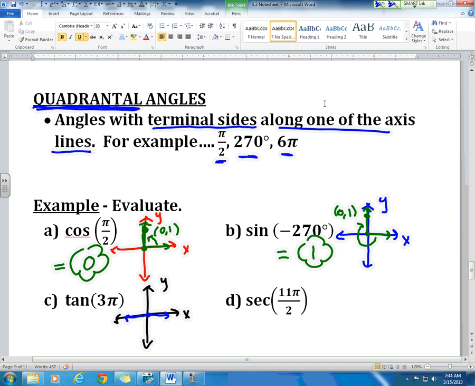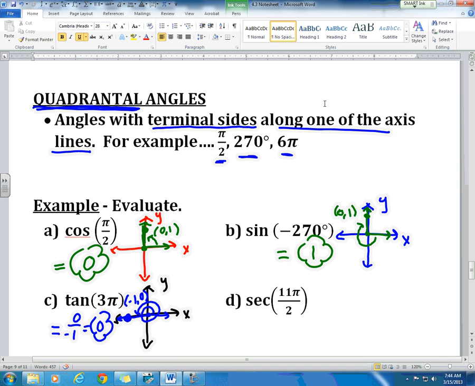So the terminal side will be over here, but if we draw the angle, it looks like this. So that's 3 pi. The point that would fall on that terminal side would be (-1, 0). And tangent, remember, is y over x or sine over cosine. So the tangent will be 0 over -1, or 0. So we have two answers of 0 in this section already.